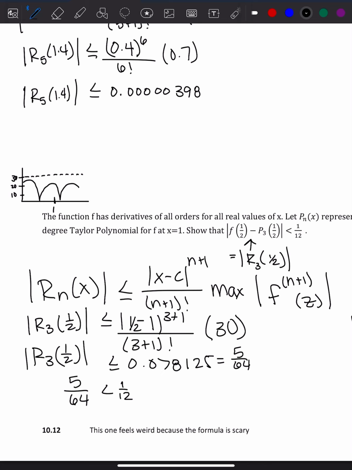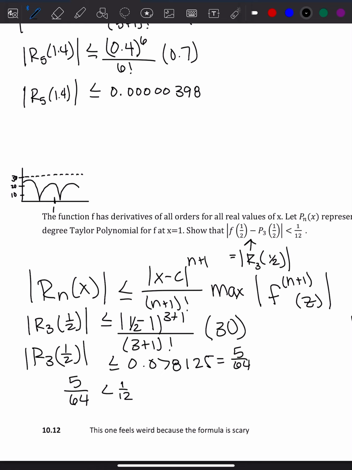So one of the things that we might do is change 1/12 to look more like what we have. So what I might do is multiply the top and the bottom of 1/12 by 5, so I have 5 over something. If 64 is bigger than what we get, then we know that we have not shown what we want to show.